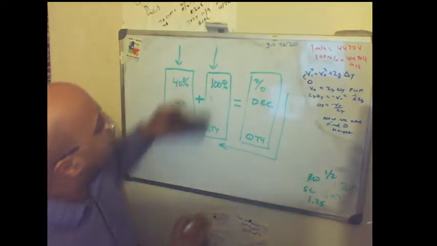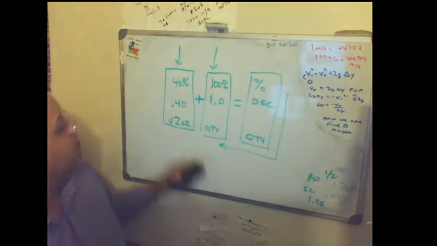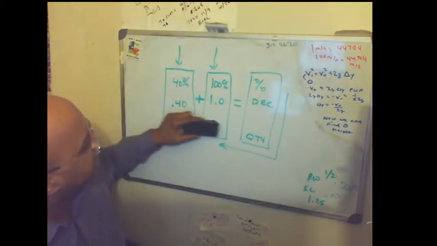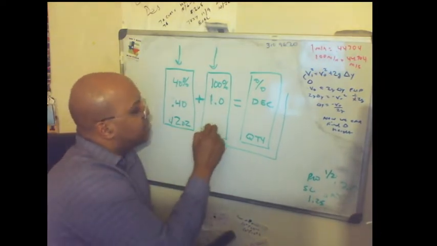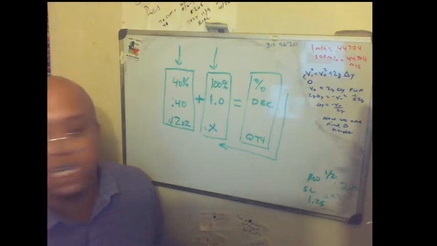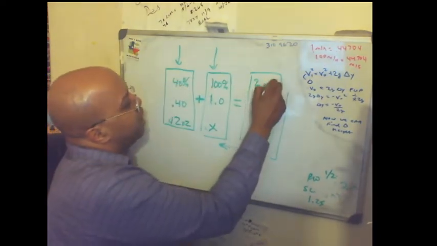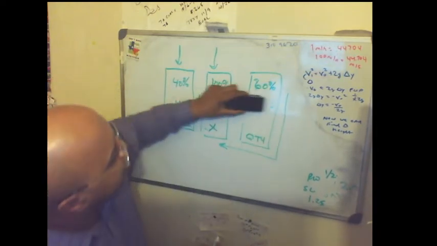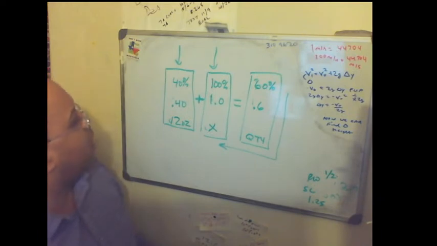In decimal form, this is 1.0. The quantity is unknown, so we are going to put an X here, and then the new percentage, we're going to put 60%. The decimal form is 0.6.